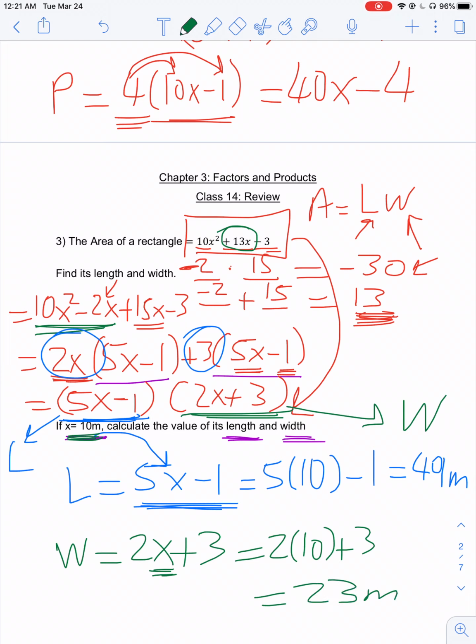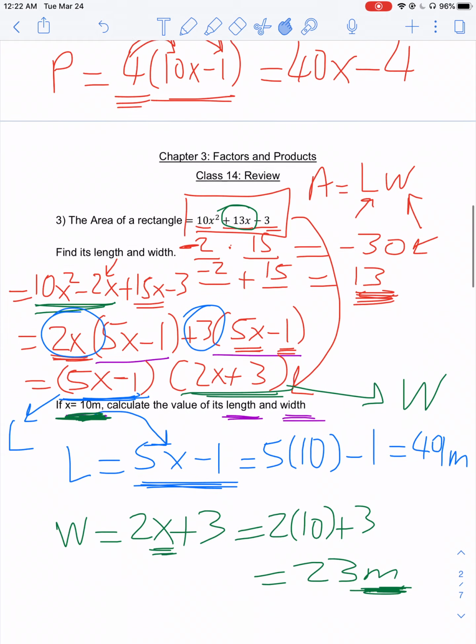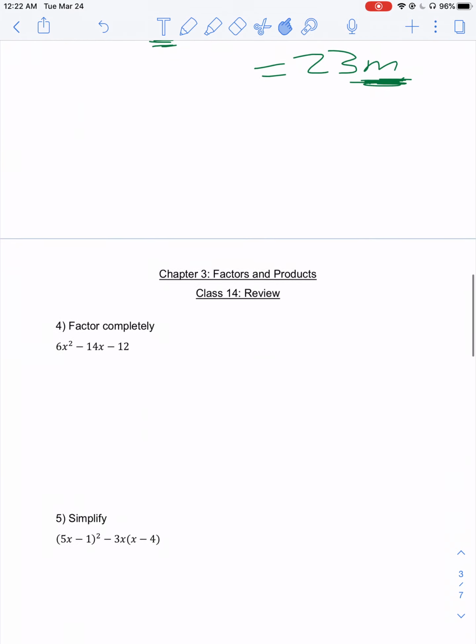Again, make sure you're consistent with your units. Meters is important because they are giving you meters over here. If this was centimeters, then this would also be centimeters. So your units have to be consistent. Let's go on to the next question.